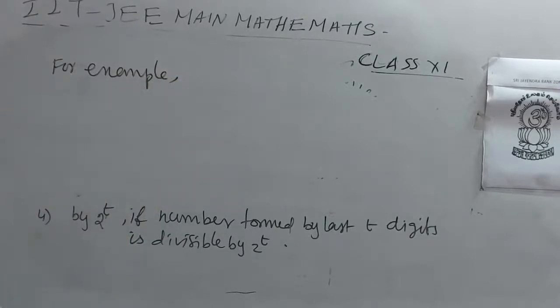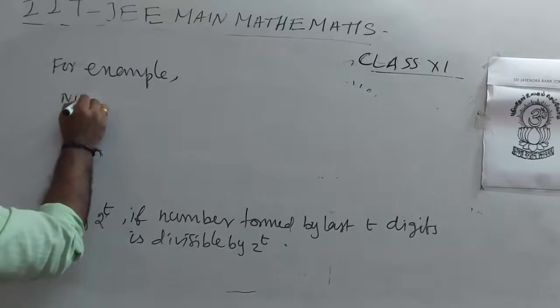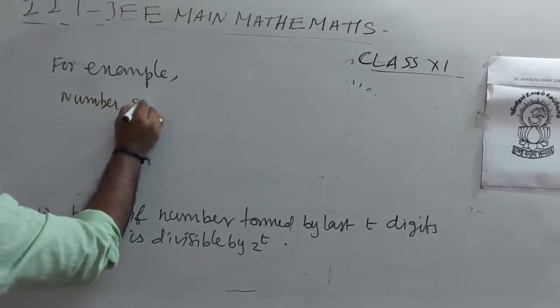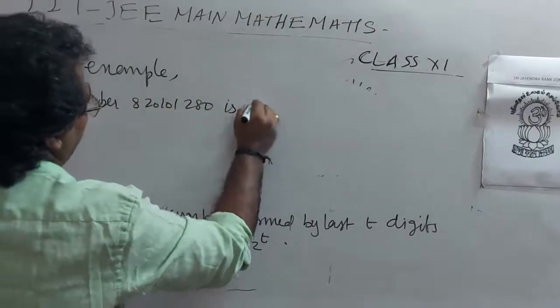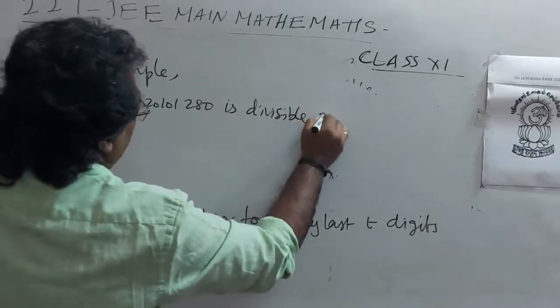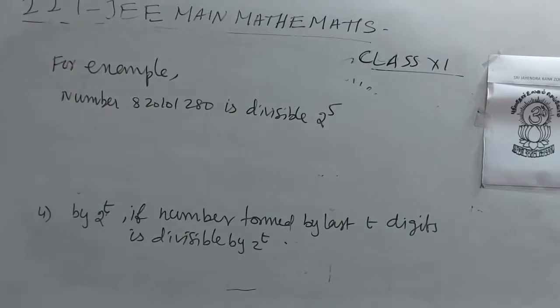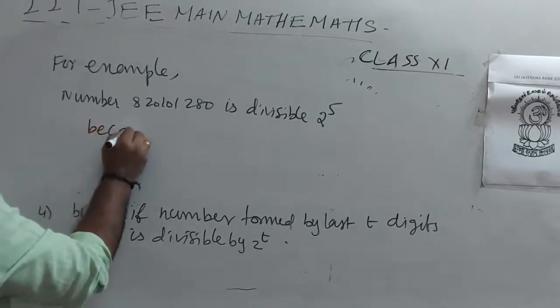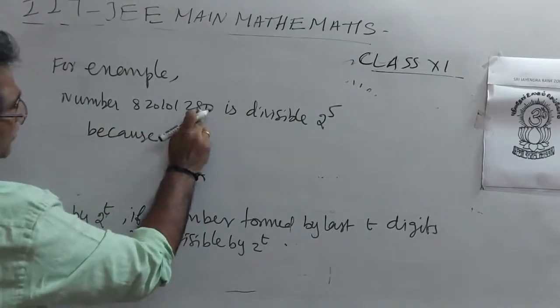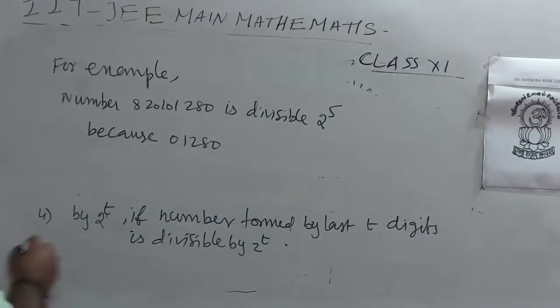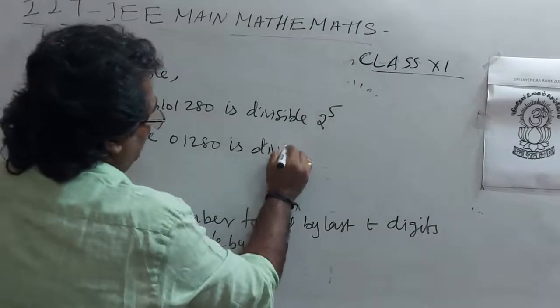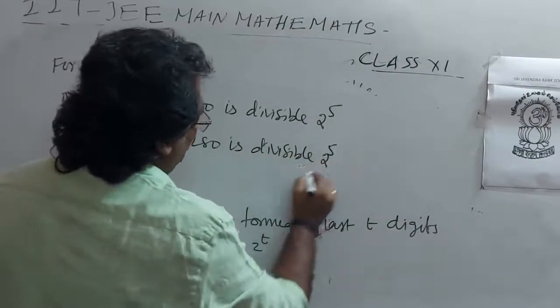For example, the number 12345012800 is divisible by 2 power 5, because the last 5 digits, 12800, are divisible by 2 power 5.